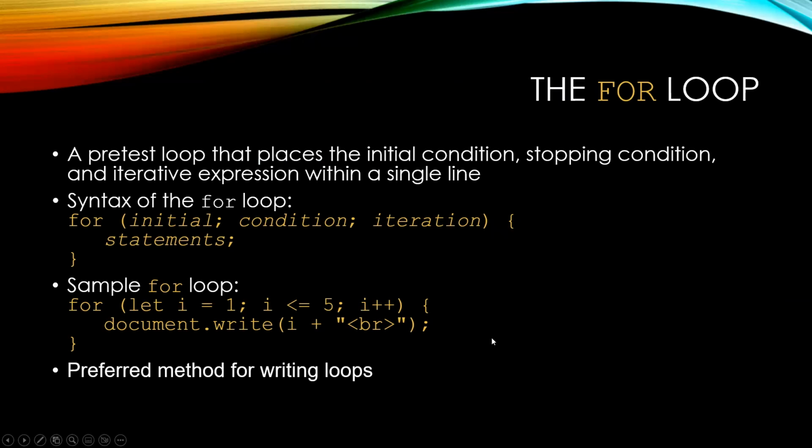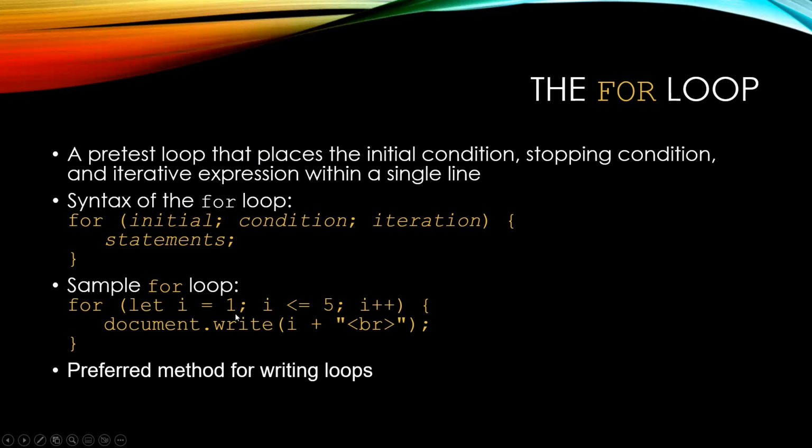The next type of loop that we have is a for loop, and just as in C, it is a pretest loop that is going to give an initial condition, a stopping condition, and your iteration. And our syntax for that is for initial condition, the stopping condition, and then the iteration with the curly brackets and the statements in it. So for example, I can actually put my let for my variable in the for.